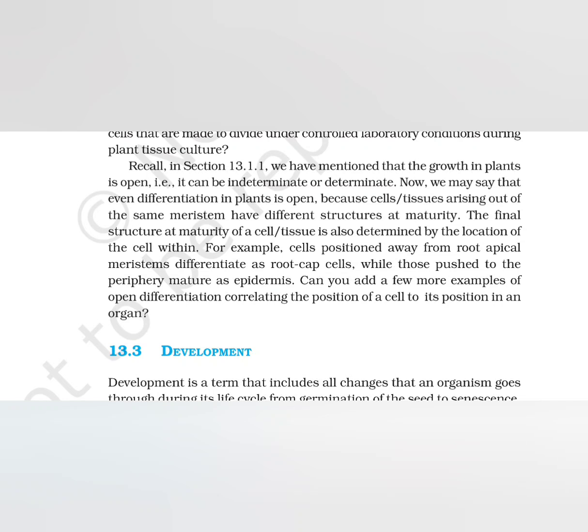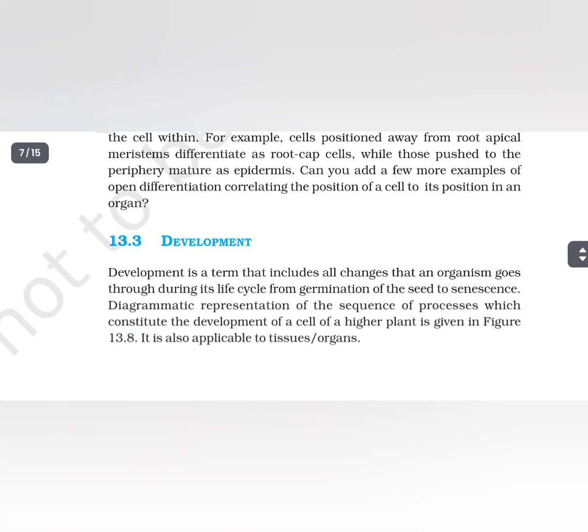The final structure at maturity of a cell or tissue is also determined by the location of the cell within. For example, cells positioned away from root apical meristem differentiate as root cap cells, while those pushed to the periphery mature as epidermis. Can you add a few more examples of open differentiation correlating the position of a cell to its position in an organ?